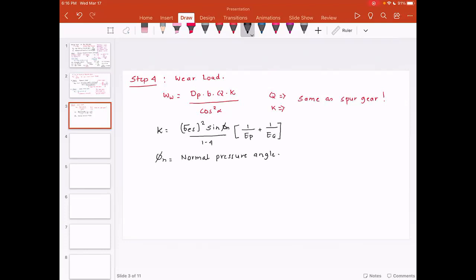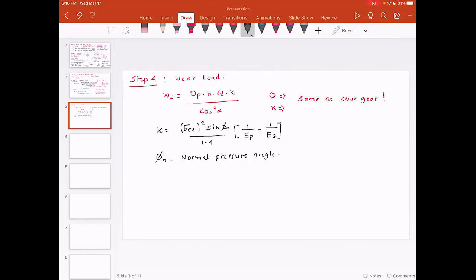Now, what do we mean by normal pressure angle? It is important to note that in the helical gear, you have a pressure angle, and you have a pressure angle which is normal to the plane because of the helix angle.